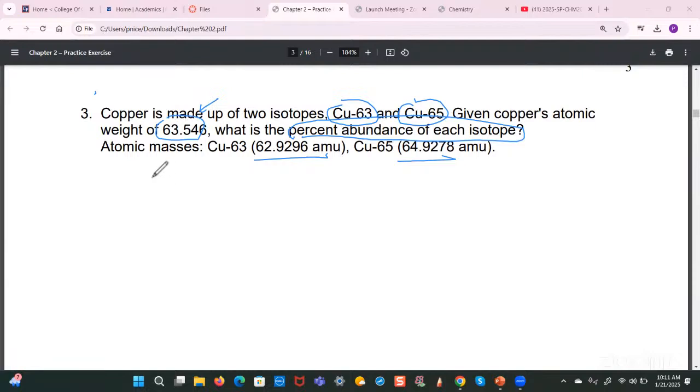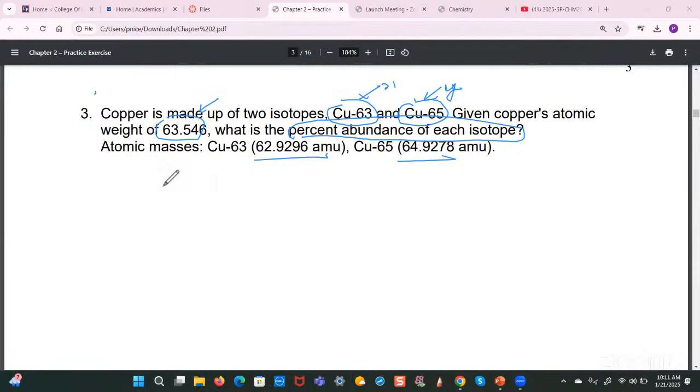The atomic mass would be equal to the percent abundance multiplied by the mass of each isotope, right? So let's say the percent abundance of 63 is X, right?